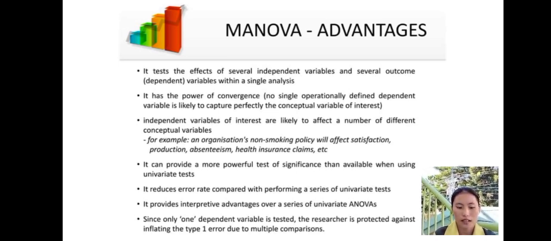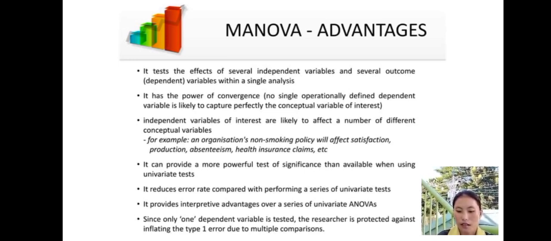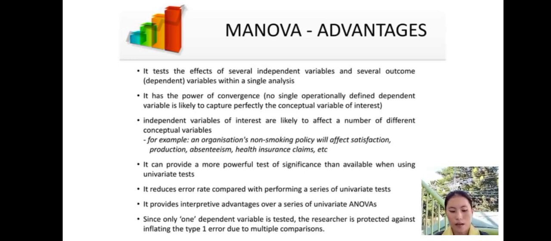Key benefits highlighted include MANOVA's ability to analyze multiple dependent variables simultaneously, increasing statistical power and reducing type I error rate compared to performing multiple ANOVAs. MANOVA's consideration of intercorrelations between dependent variables provides a more comprehensive and realistic analysis of the data.